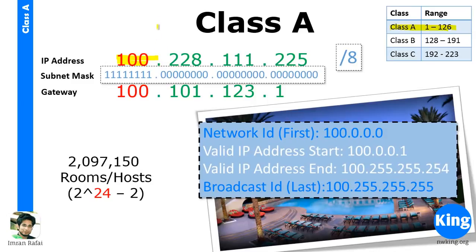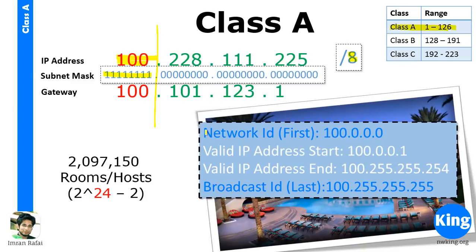So from what we know so far, this will be the separation between network and host. So anything with 100 is part of this network, and this is also represented as a /8 network because it has 8 bits as ones in the subnet mask.